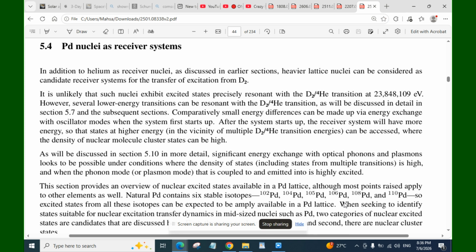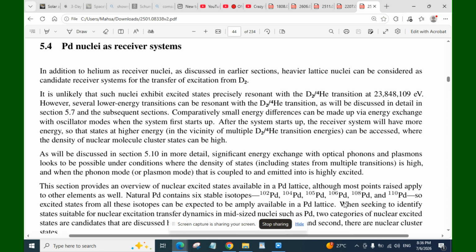It is unlikely that such nuclei exhibit excited states precisely in resonance with the deuterium-deuterium helium-4 transition at 23,848,109 electron volt. However, several lower energy transitions can be resonant with the deuterium helium-4 transition, as will be discussed in detail in section 5.7 and the subsequent sections.